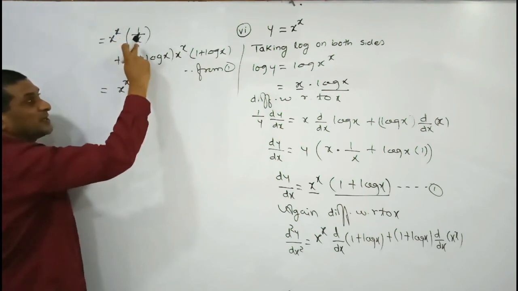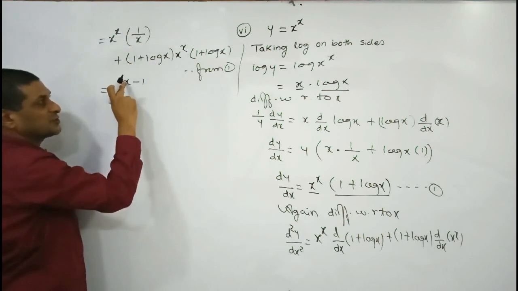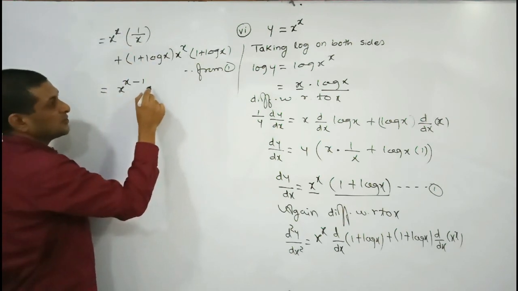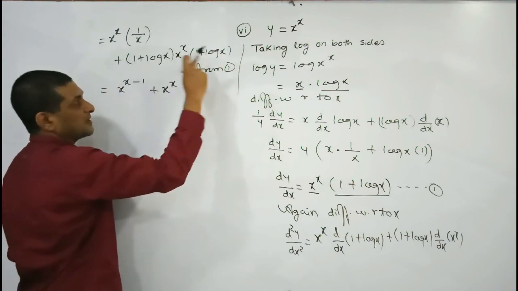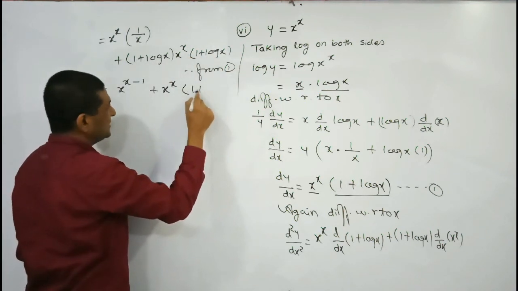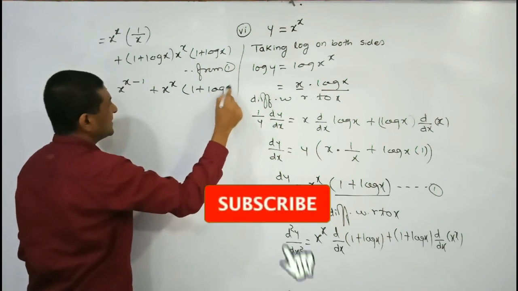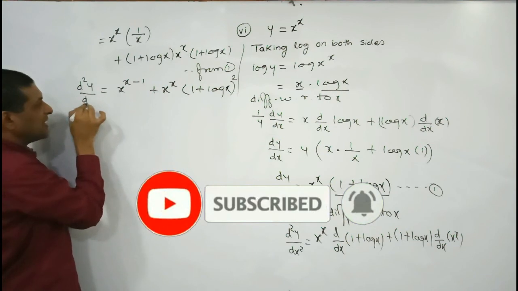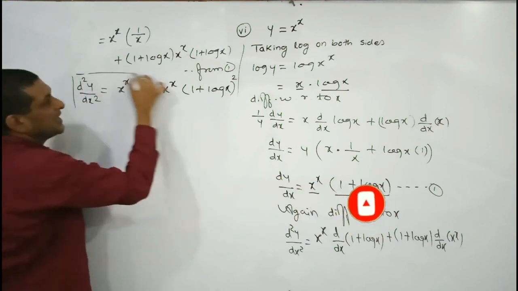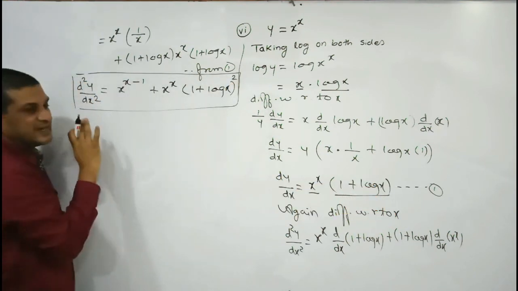So a raised to power m upon a raised to power n is a raised to power m minus n. So plus here x raised to power x, keep it as it is, and 1 plus log x into 1 plus log x will be the square of 1 plus log x, isn't it? And this is the value of d2y upon dx square, our second order derivative.